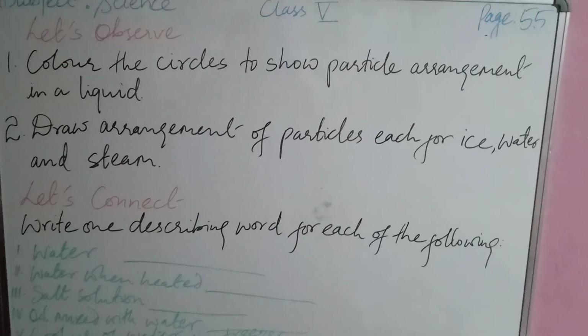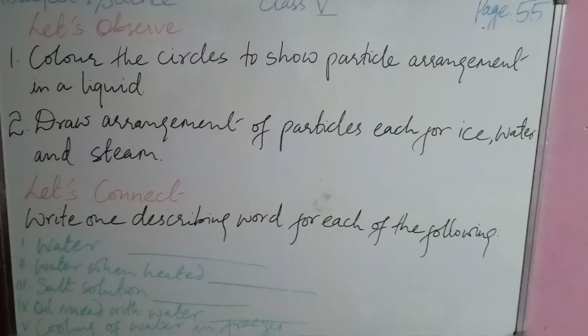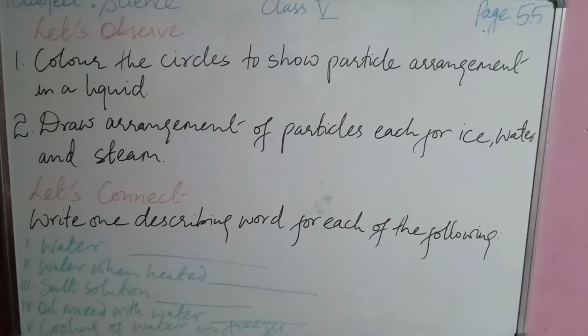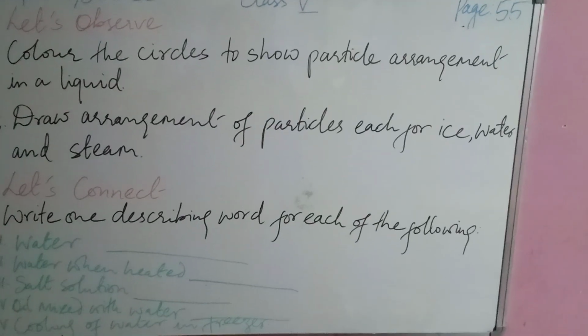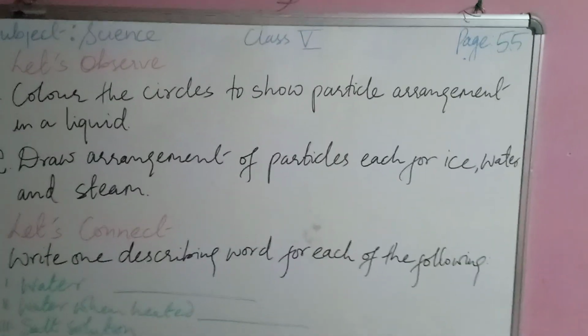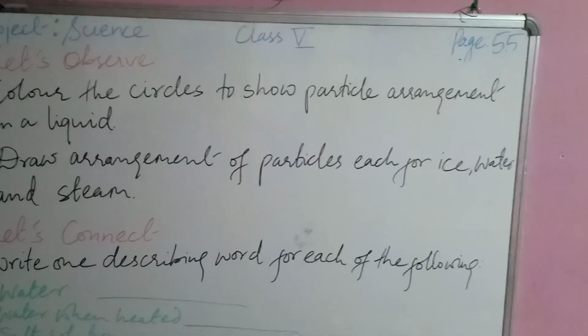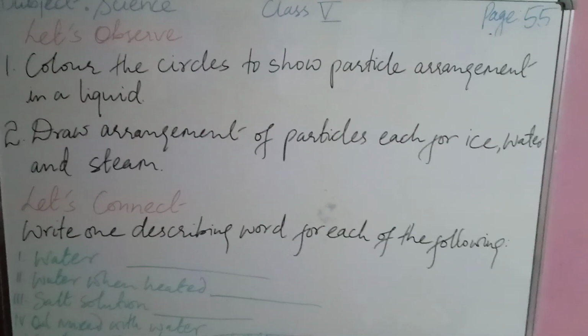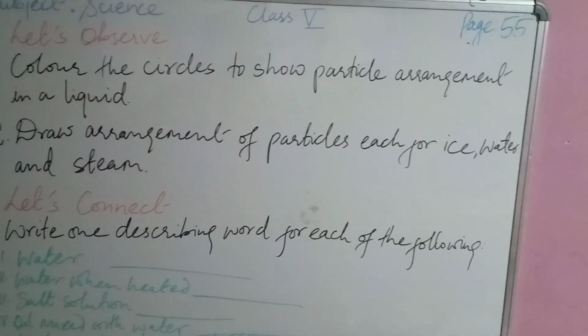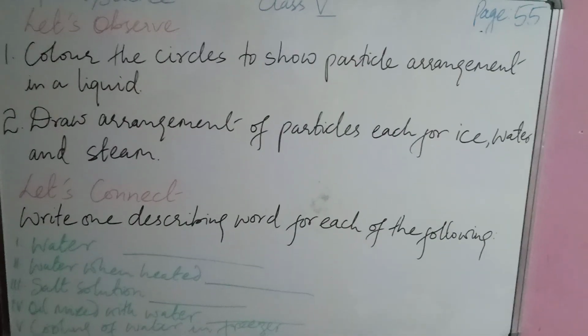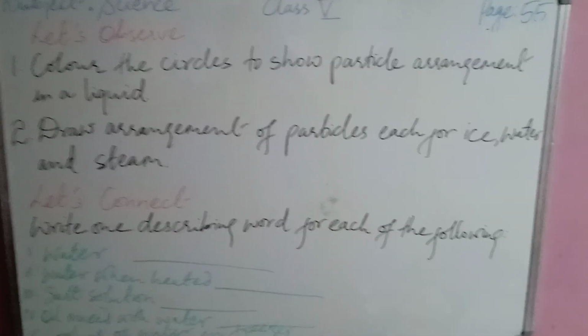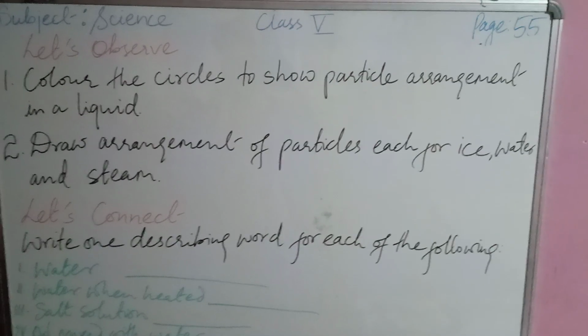So let's begin with the Let's Observe questions. Color the circle to show the particle arrangement in the liquid. There is a picture on the left hand side of your textbook. Also draw the arrangement of particles each for ice, water and steam.